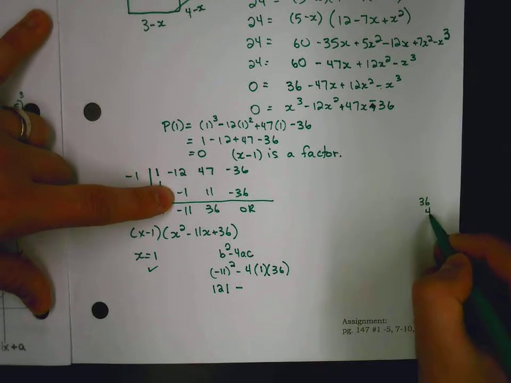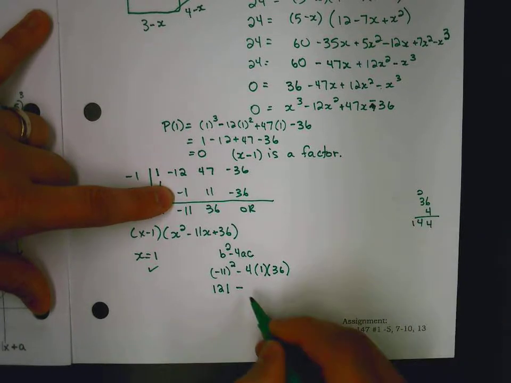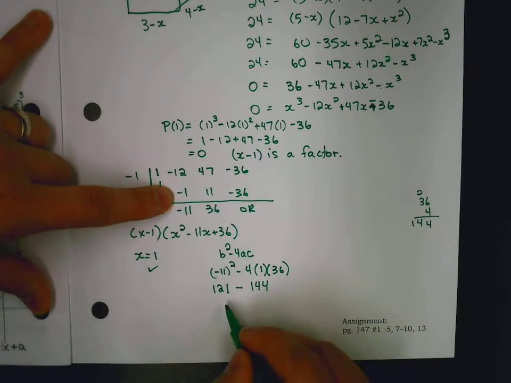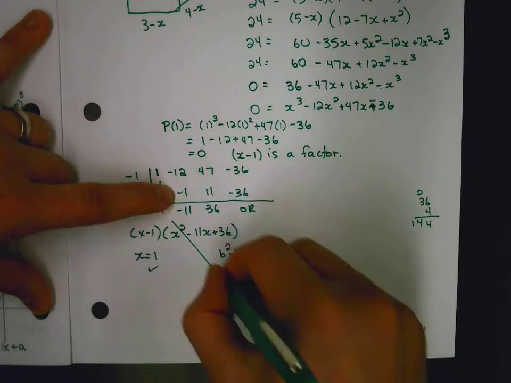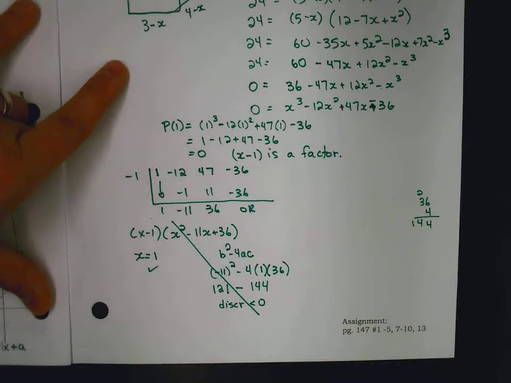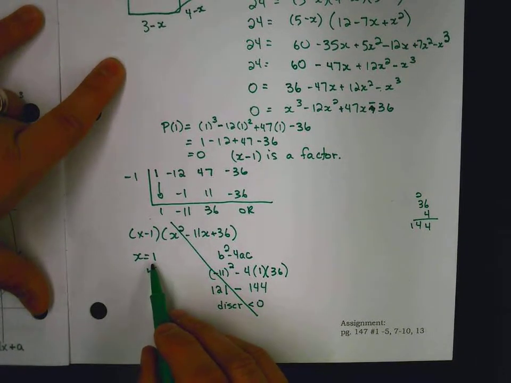So 36 times a 4 is a 144. Already I see that we have a discriminant that is less than 0, so I'm getting no solution from that, which means the only answer is x equals 1.